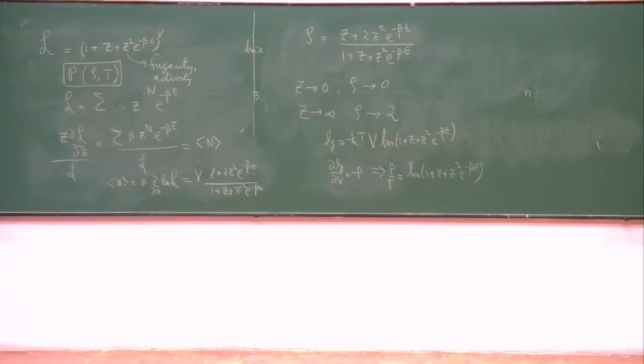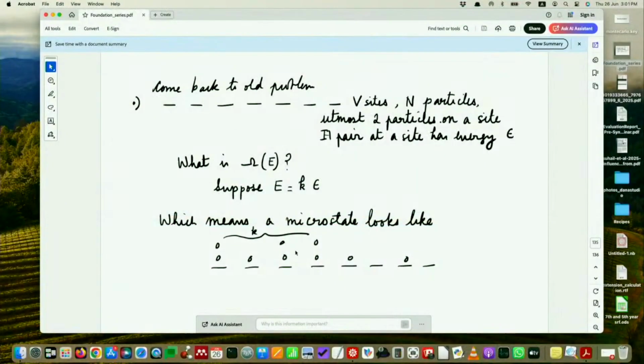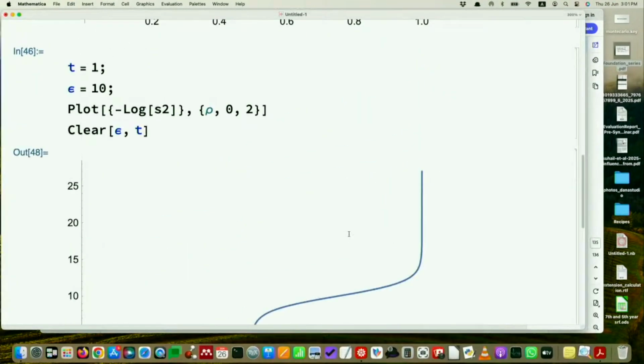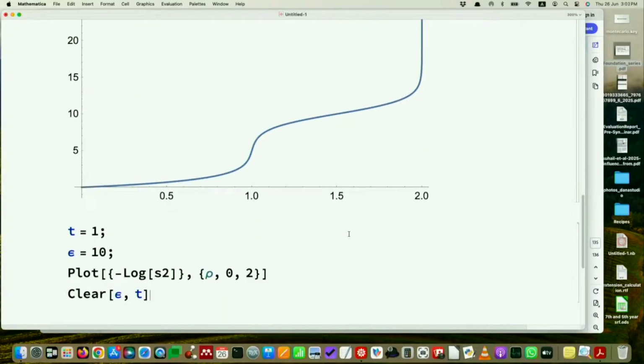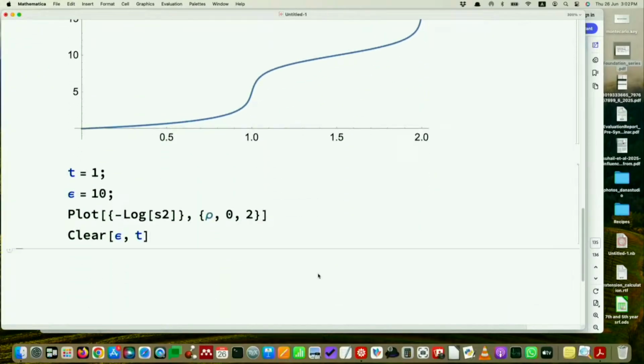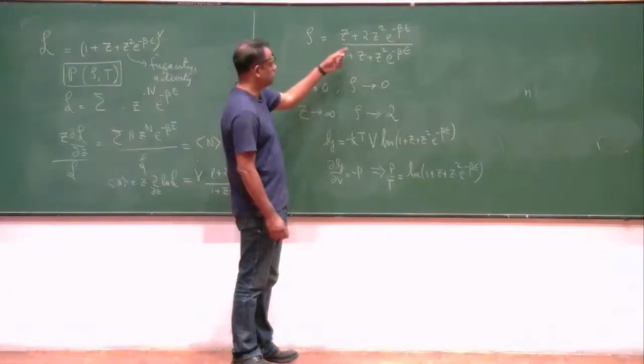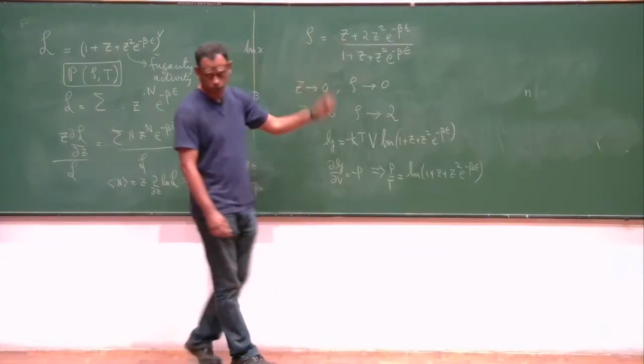So I go back to my Mathematica. Now we don't want to mess up what we had earlier. So this was called minus log S2. Okay. So let us now first eliminate z. We want pressure as a function of density, so z we want to eliminate. We can use this expression to find out z as a function of rho.